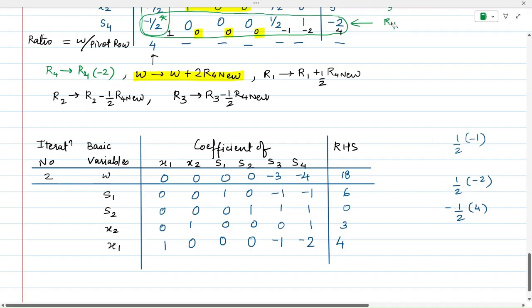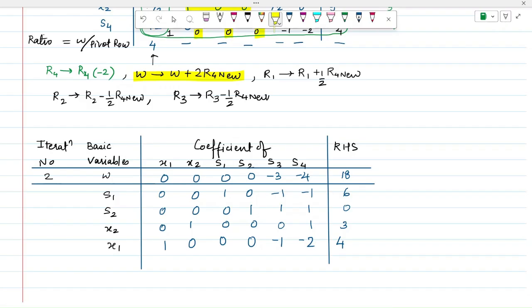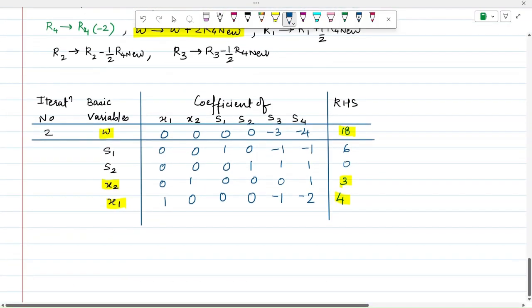Now let's observe the RHS. All values are positive. So we have found the optimal solution here. And let's check the optimal solution. The optimal solution is W equal to 18 and for x2 and x1 equal to 3 and 4 respectively. Okay, so both the decision variables are contributing.